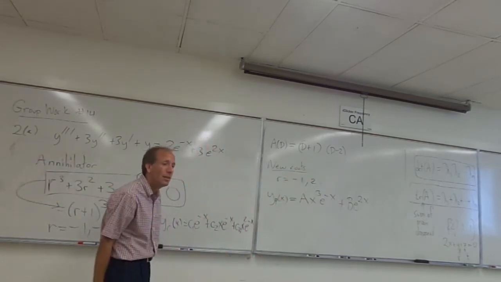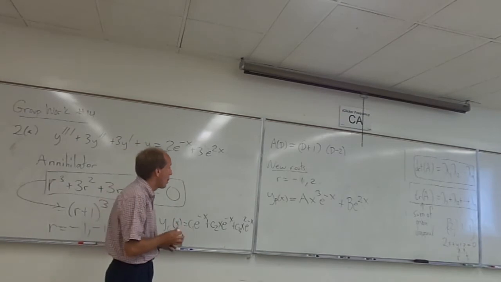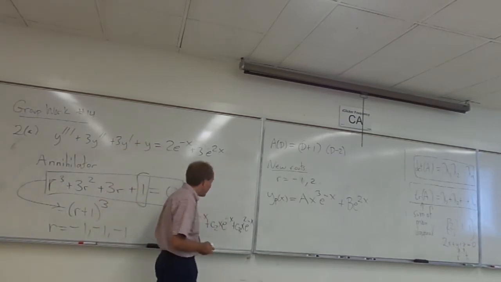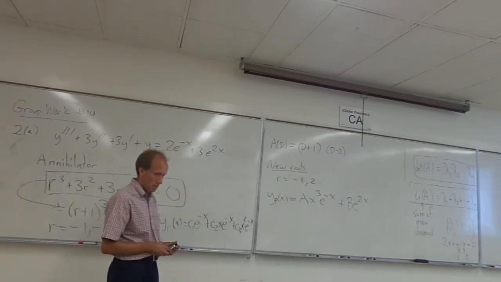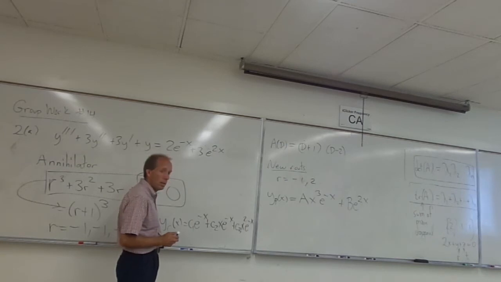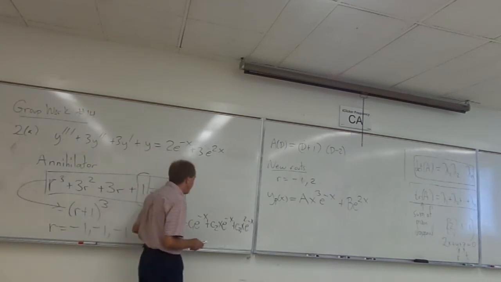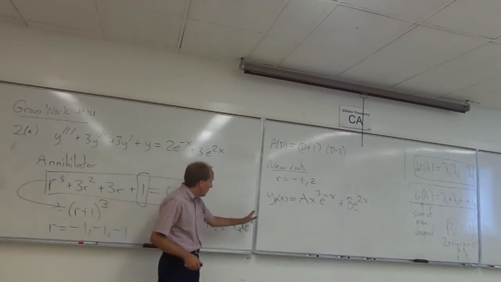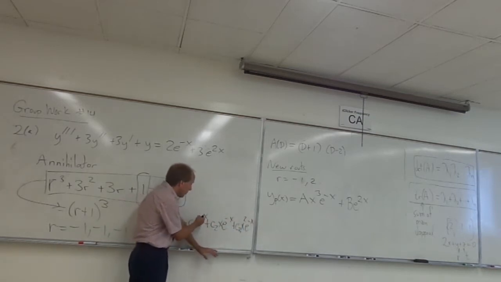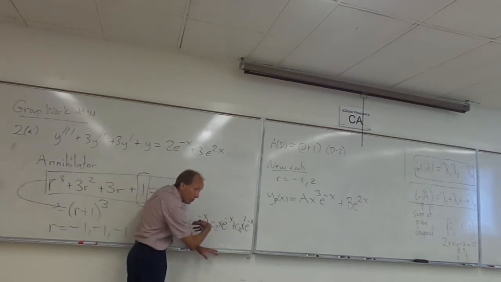You have A x cubed e to the negative x. Who's to say that that can't be like a e to the negative x, and that one's the a and that's c1? Well, the lower terms where there's no x's, e to the negative x and e to the 2x, those have to go with the complementary function.